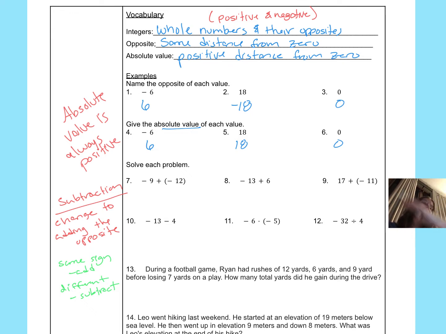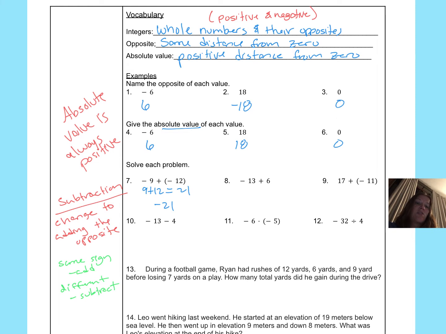I lost 9 things, and then I lost another 12, so I'm losing even more. That's going to follow that first rule. They're the same sign, so we add. I'm going to add 9 plus 12, and that is 21. And then we keep the same sign, so I have negative 21.